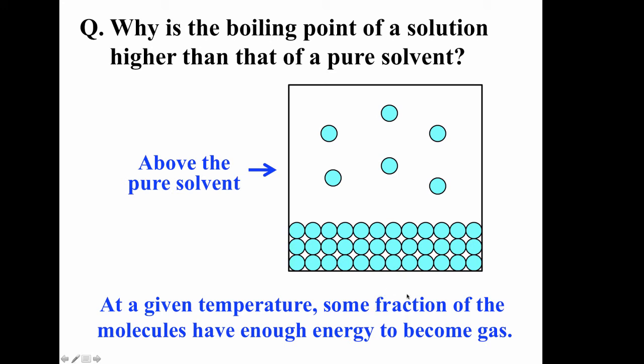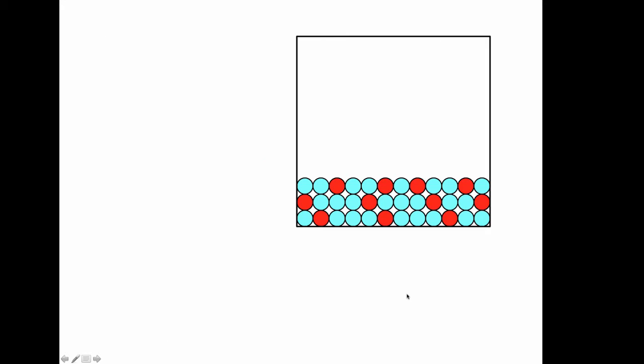Now, if we instead have a solution, here the red spheres represent solute molecules, and notice that in the solution, we have not 100% solvent. We have maybe 90% or some other value. Typically it's pretty high, but it's not 100% of solvent molecules, and a usually much smaller percent of solute molecules.